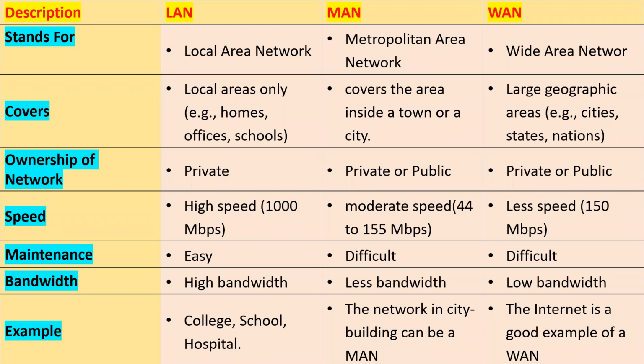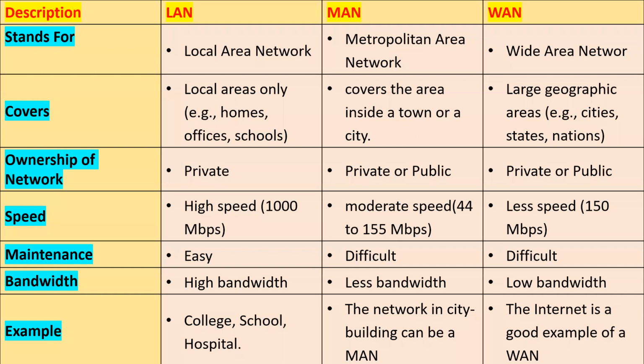LAN stands for local area network, MAN for metropolitan area network, and WAN for wide area network. Then the area covered. LAN covers only a small, limited area: local areas only, such as homes, offices, or schools.